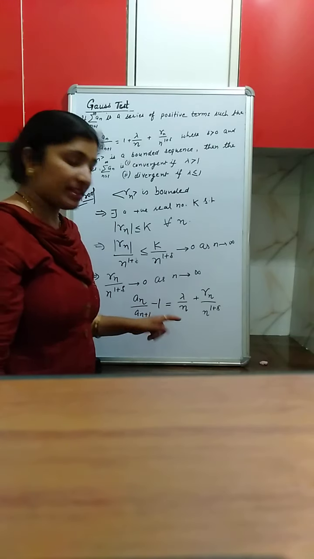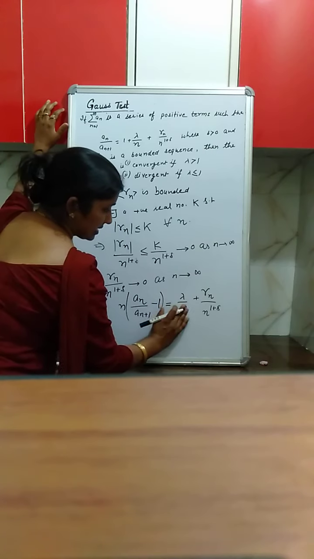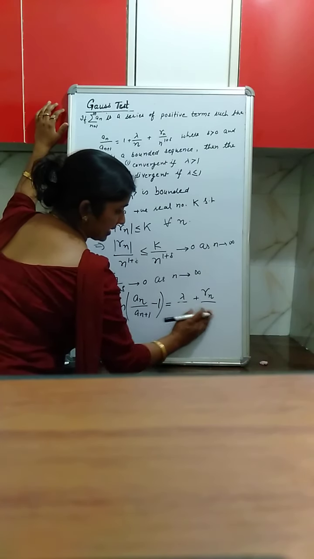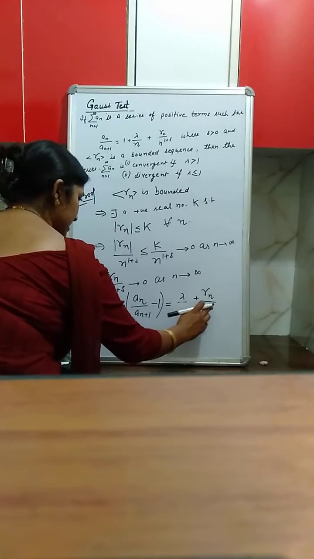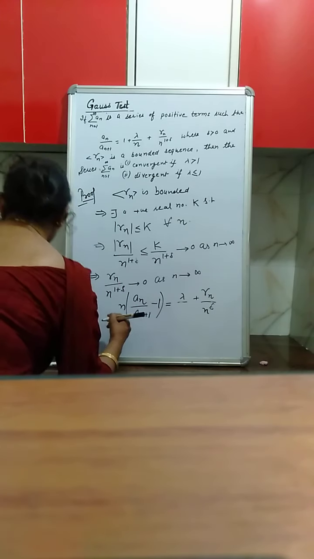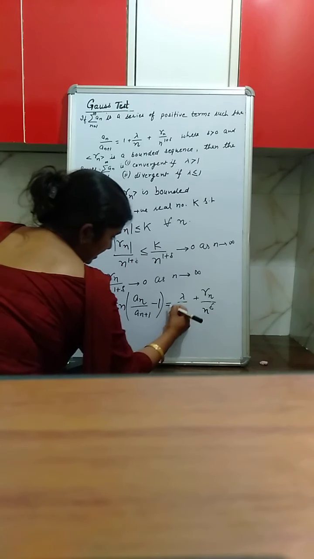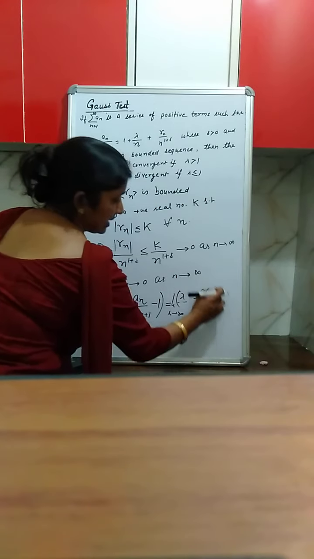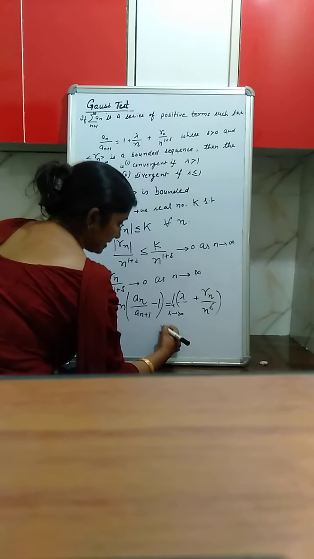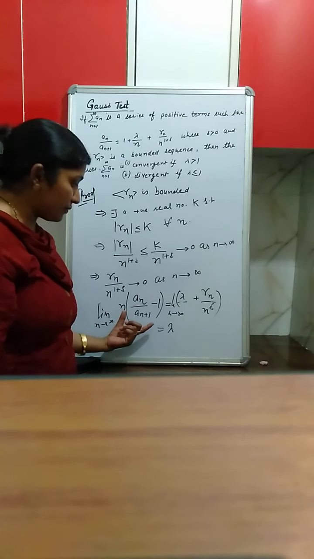And if we multiply with n, then we get this upon n raised to the power delta, and then we take the limit as n approaches infinity. On the right hand side this part is 0 and this is equal to lambda.